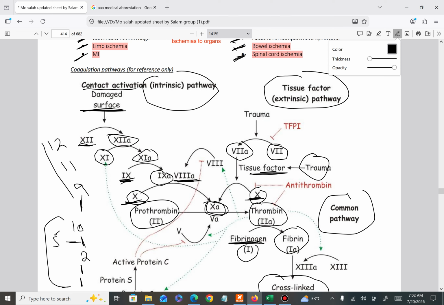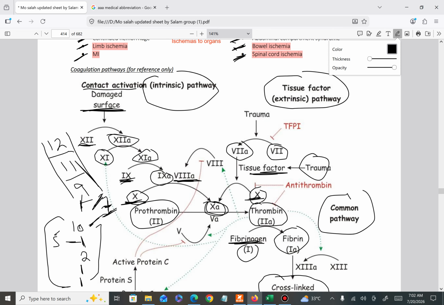Okay, so the extrinsic pathway will include factor 7, and this is also the common pathway. So this pathway is similar for both intrinsic and extrinsic pathways, but the extrinsic pathway includes factor 7, while the intrinsic pathway includes factors 12, 11 and 9.